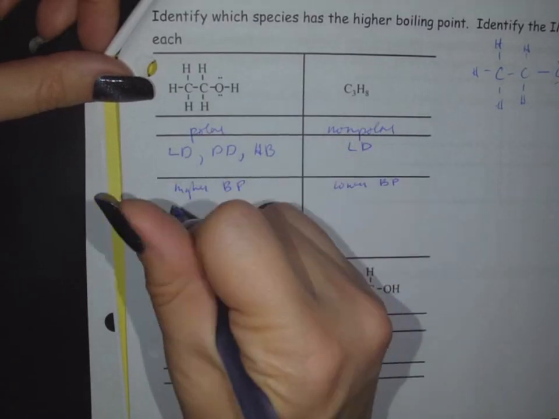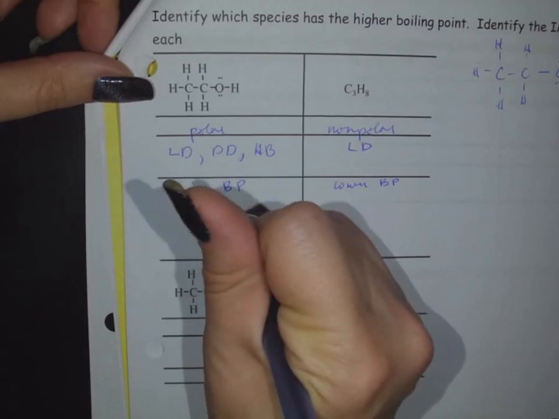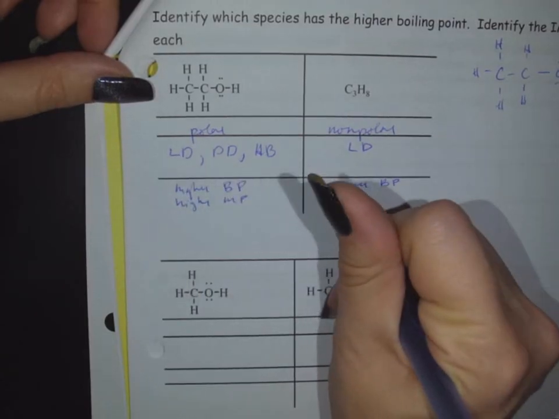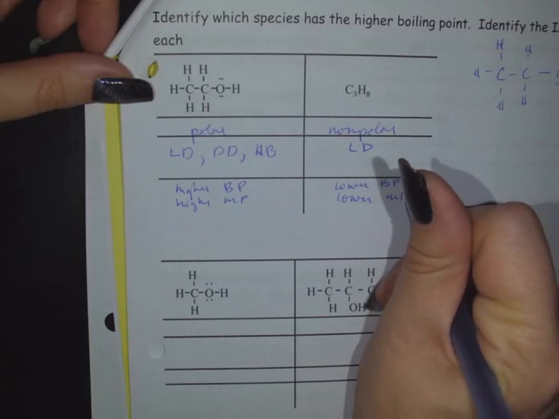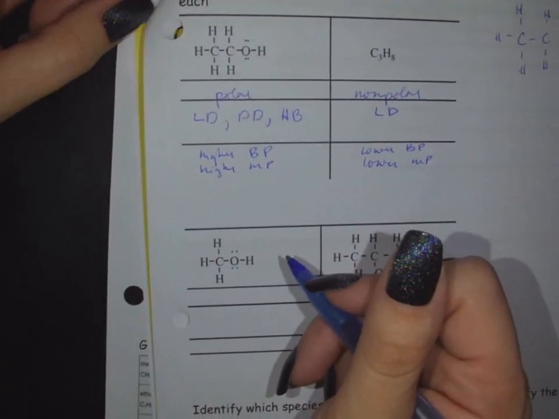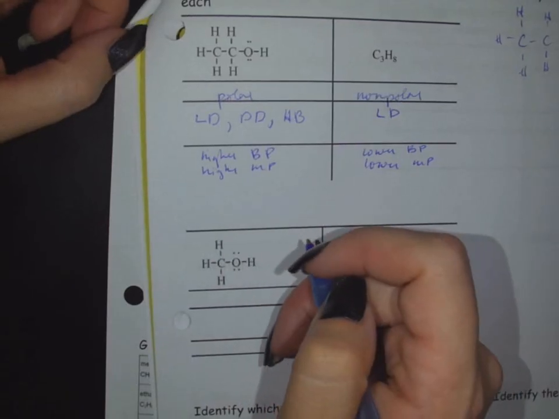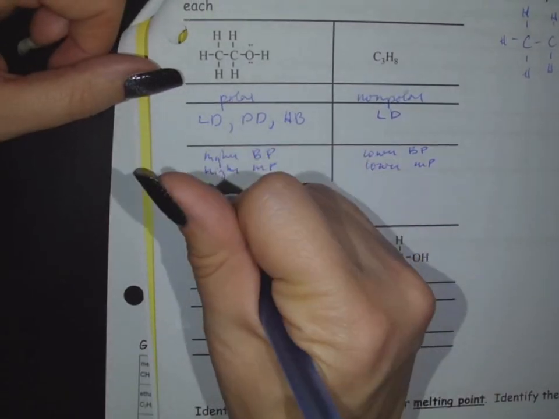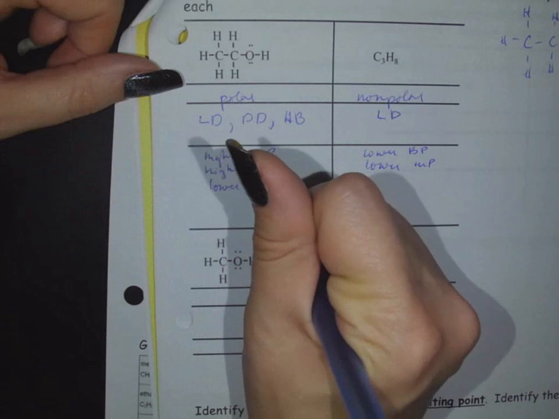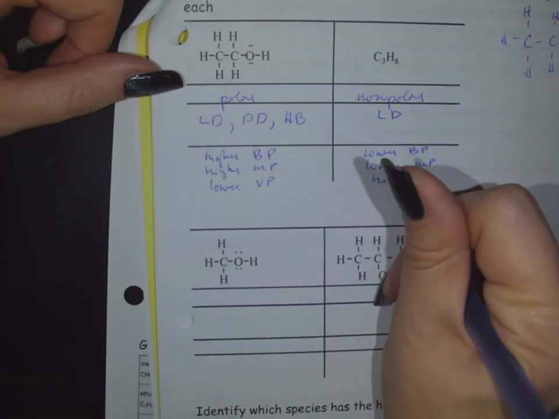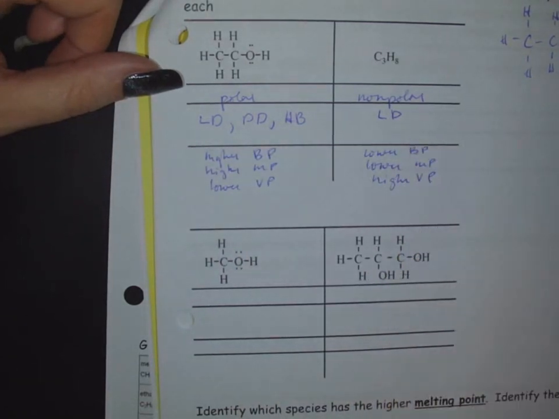Now, what about melting point? Higher melting point, lower melting point. What if we get to a place that both of these are gases? Like we add enough energy, they're both gases. In that situation, we'd have a lower vapor pressure and we'd have a higher vapor pressure.